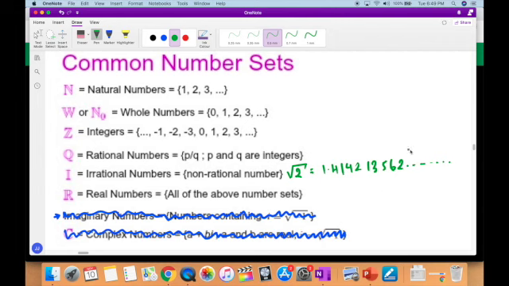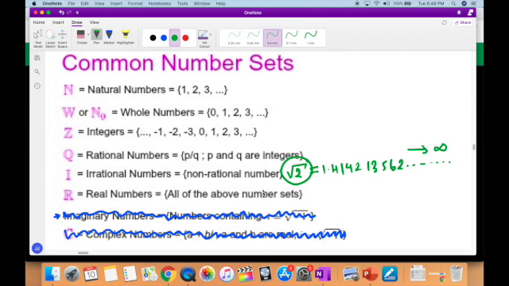In fact, this decimal goes to infinity. There is no human being on the planet who could ever know the real exact value for the square root of 2. Why is that?